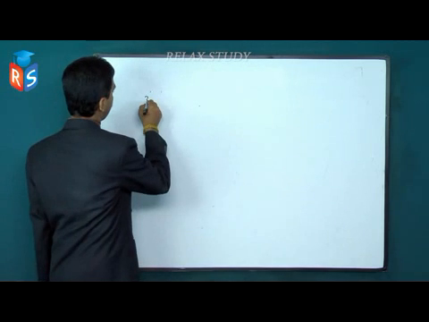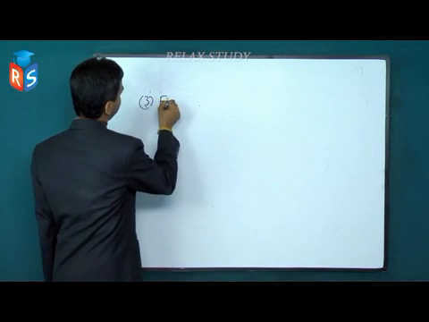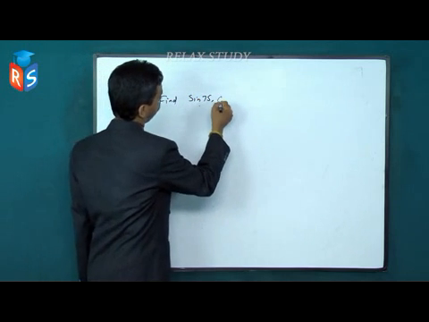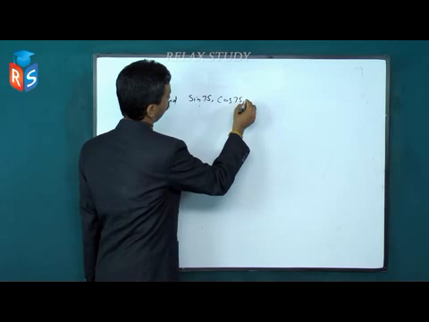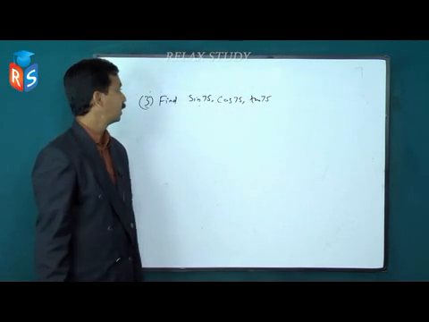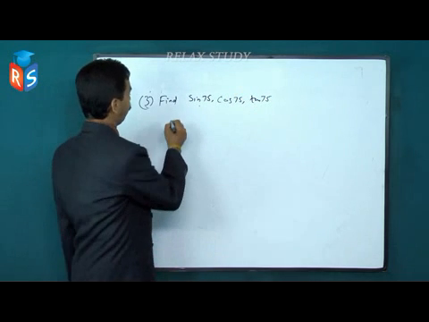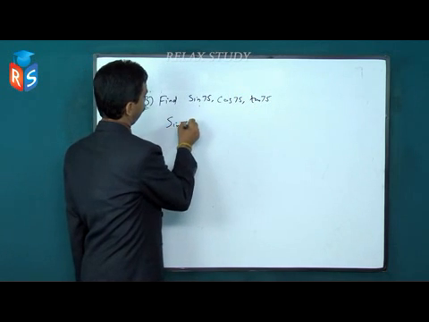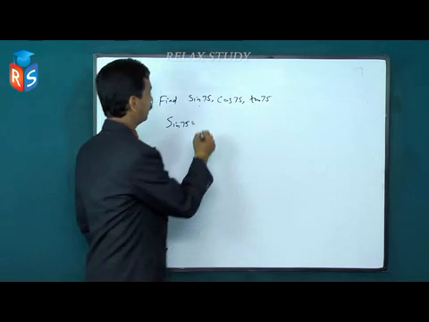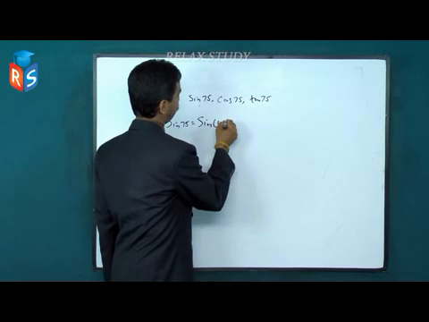Next problem. Find sin 75, cos 75 and tan 75. Sin 75. Using the addition formula for sin, I can write sin 75 as sin of 45 plus 30.